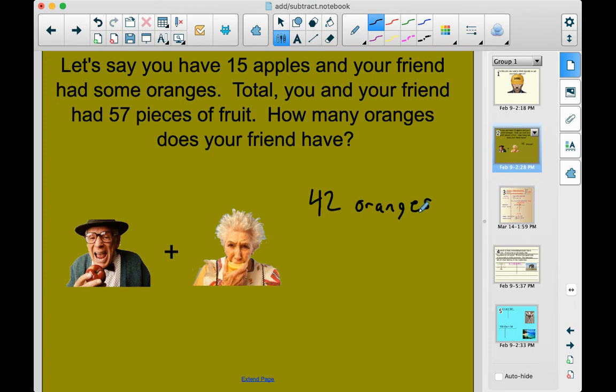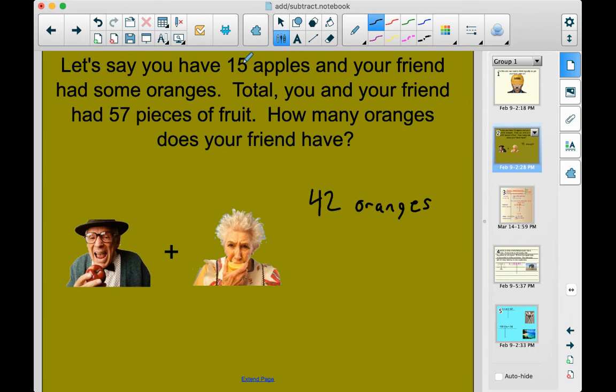Now, how do we get that? What you might have done is think about what number I would have to add 15 to in order to get up to 57? Well, 15 plus 42 does add up to 57. Another thing you might have done is to take 57 and subtract the 15 apples.